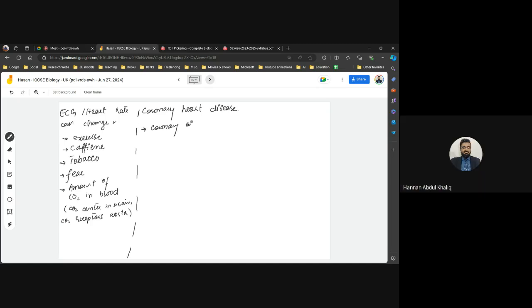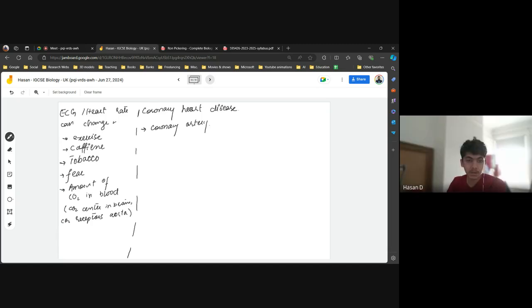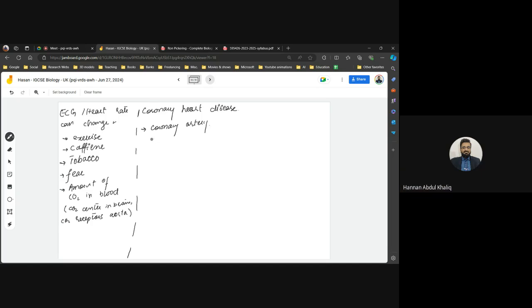What is the coronary artery? It's the artery that just supplies blood to the heart. Why would the heart need the blood, by the way?